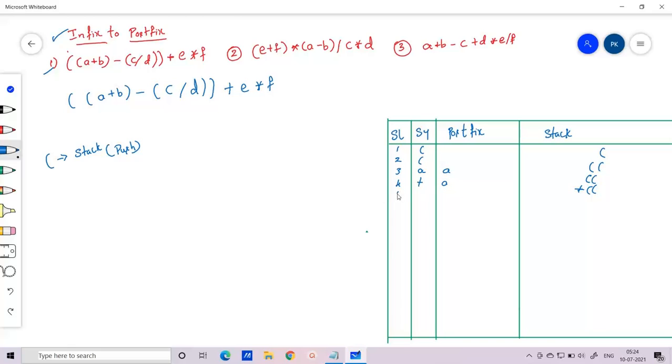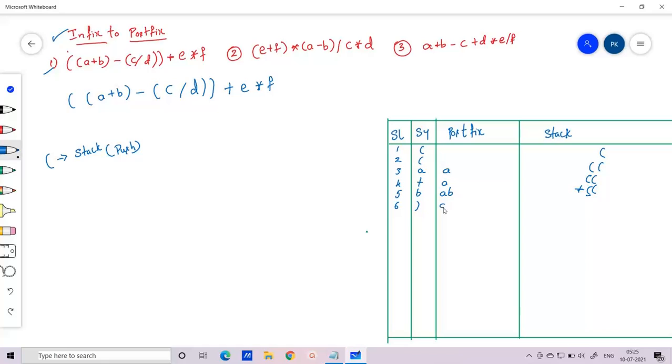Next, the fifth character we have is b, which is again an operand. The operand has to be written onto the postfix expression, so I'll write ab, and the stack will remain as it is. Once you see the sixth character, a closing bracket, when you see a closing bracket, whichever operators are there until you find the opening bracket, that operator has to be removed from the stack and written onto the postfix.